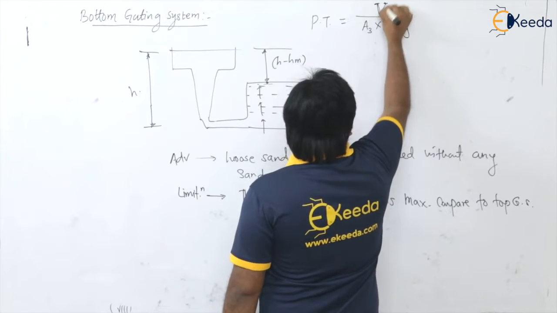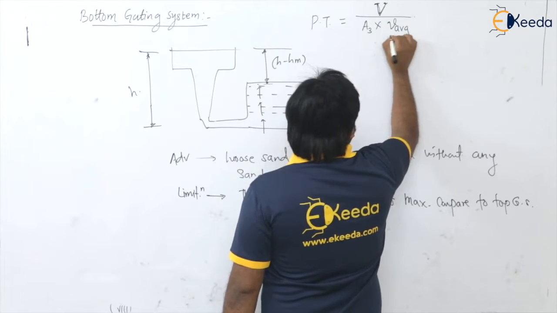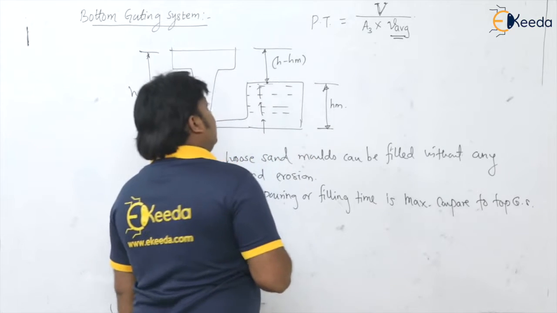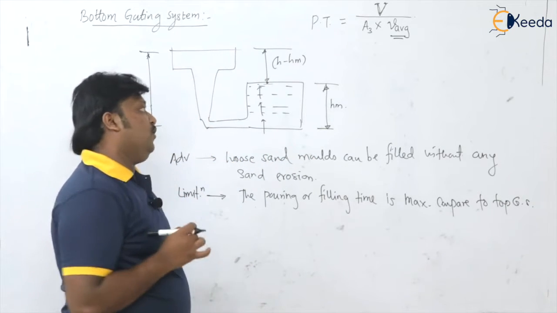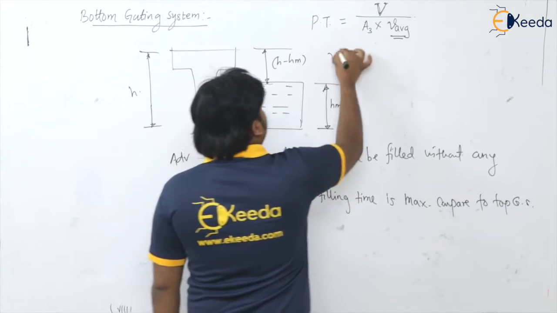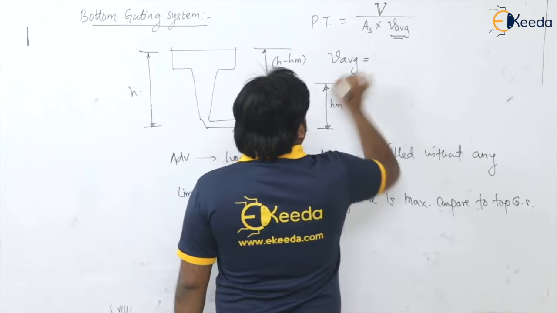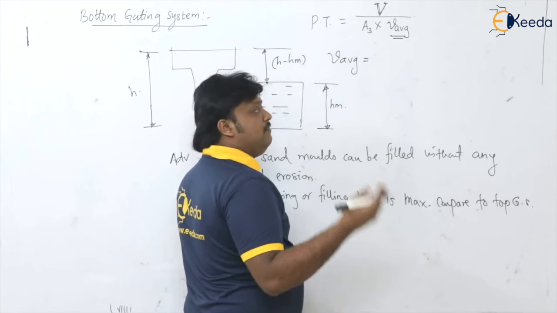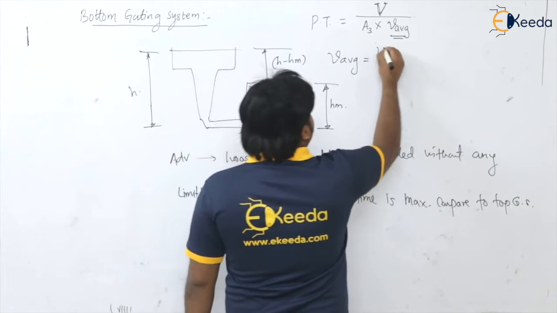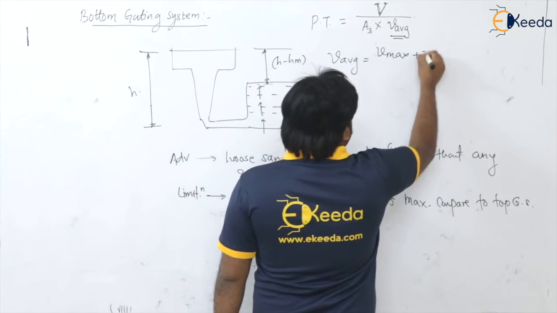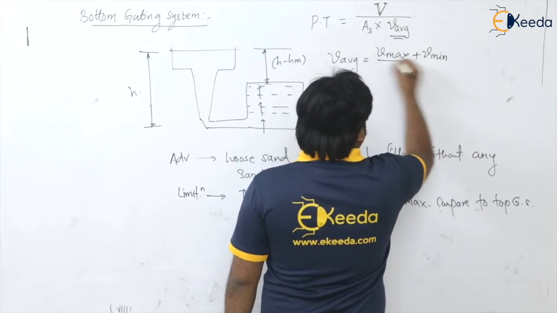See, this capital V is the volume and this small v is the velocity. Now here we have to go for the average velocity. So average velocity, how to calculate? V average, with the maximum head available and with the minimum head available, we should calculate the velocities. Like see, V max plus V min divided by 2.